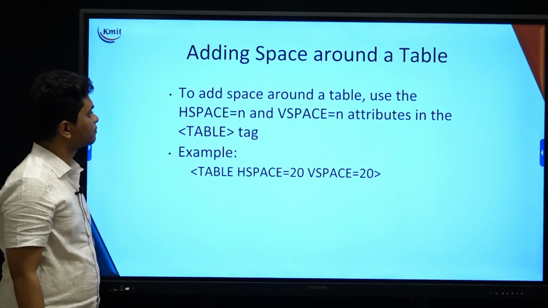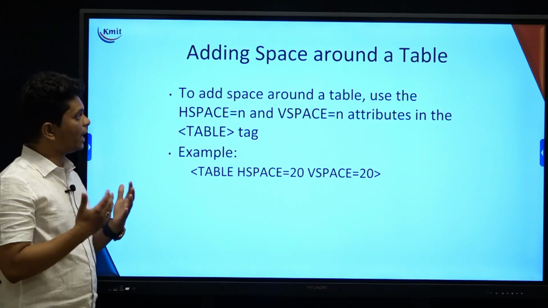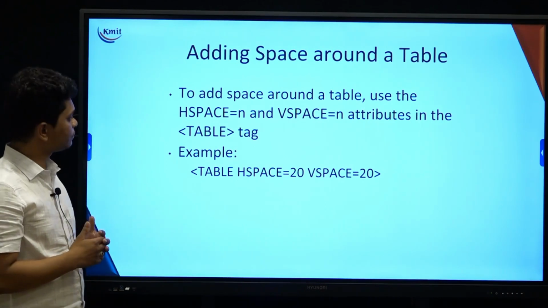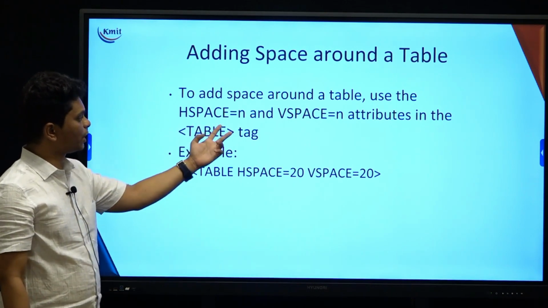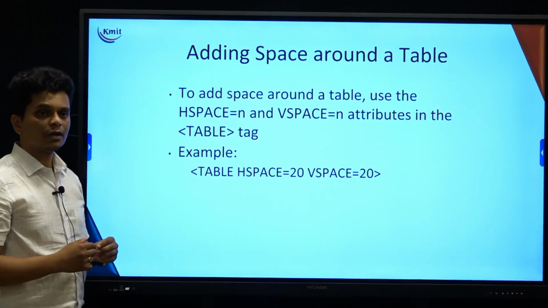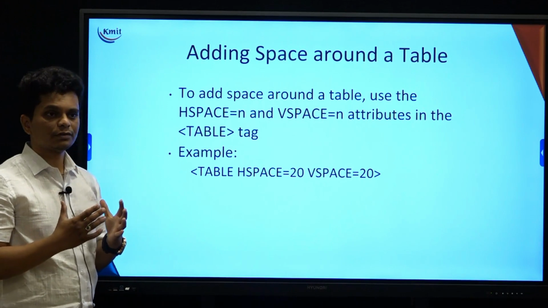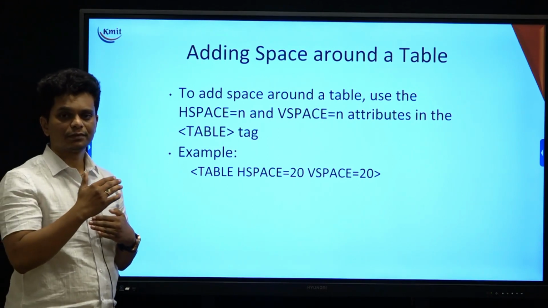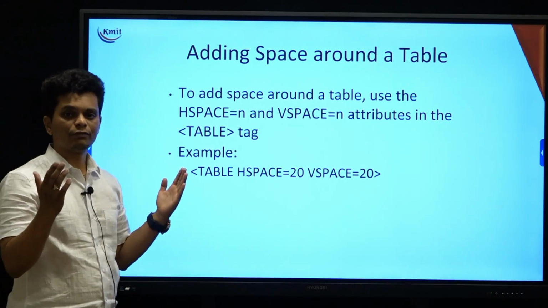Then, when you want to add space around a table, we have two other important attributes called H space and V space. Sometimes we want some space above and to the sides of a table.